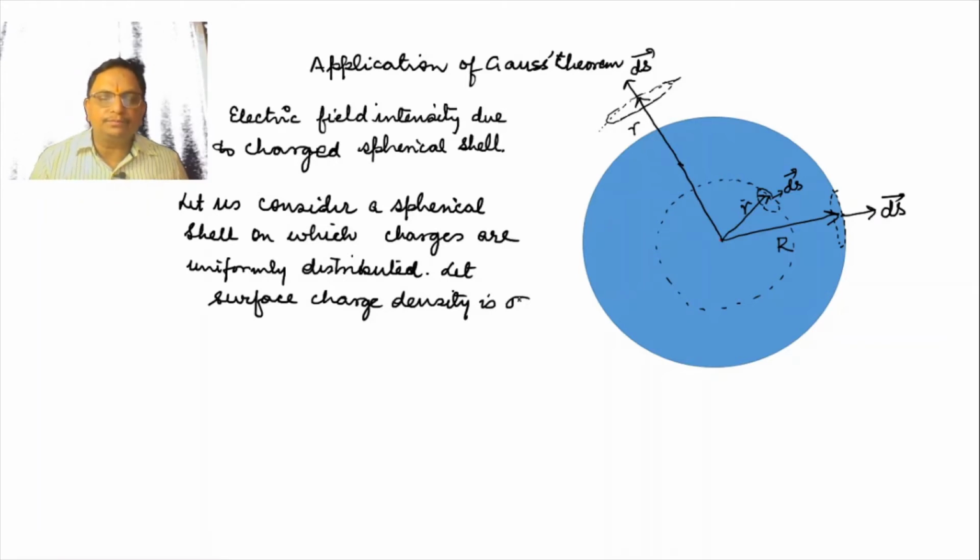Now we consider here three Gaussian surfaces. One is on the surface, mark it 1.